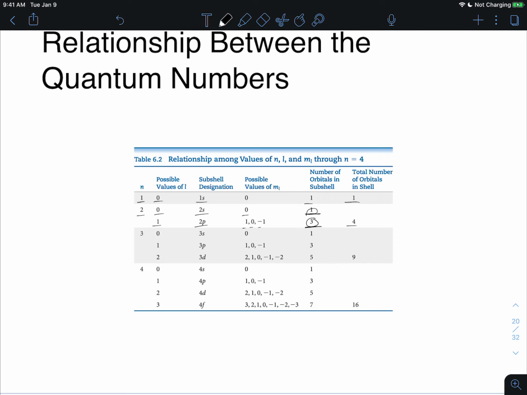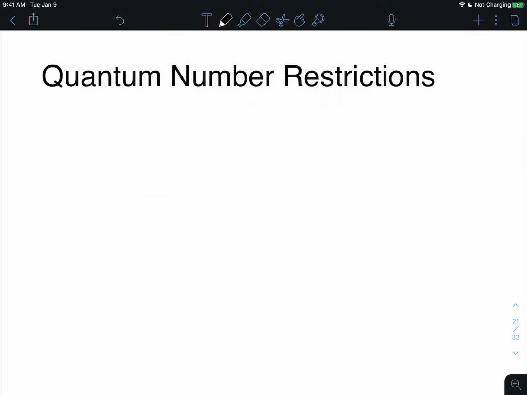You guys should be able to come up with a full set of quantum numbers for any orbital within an atom. So make sure you are able to understand the relationship between L and m sub L. Okay. There are restrictions within our quantum numbers. For instance, when we're talking about a shell, we have an n value equal to some integer, and it'll tell you how many subshells you have.